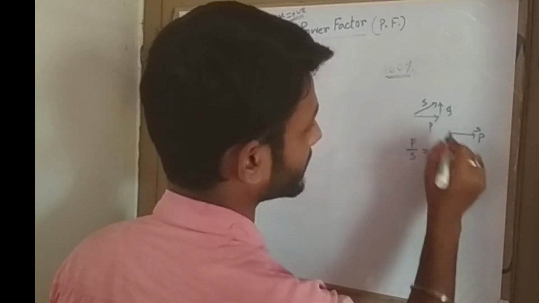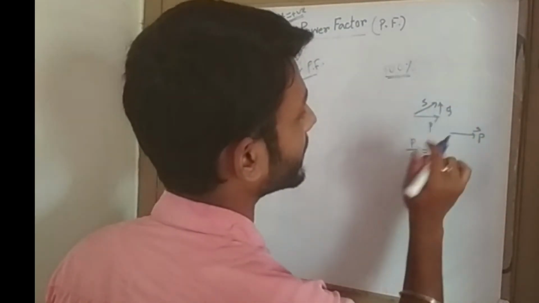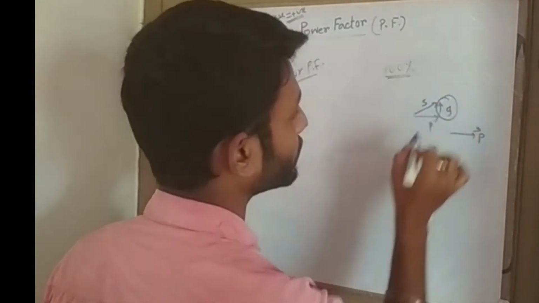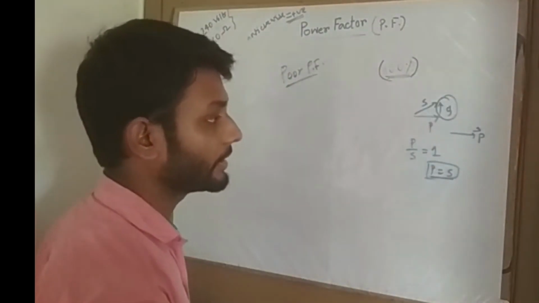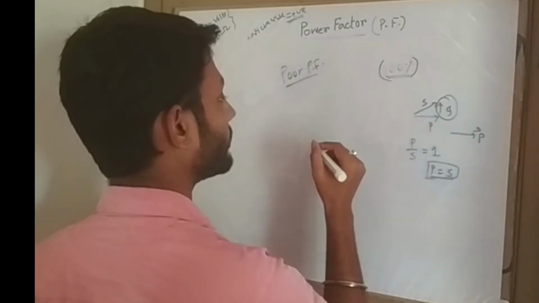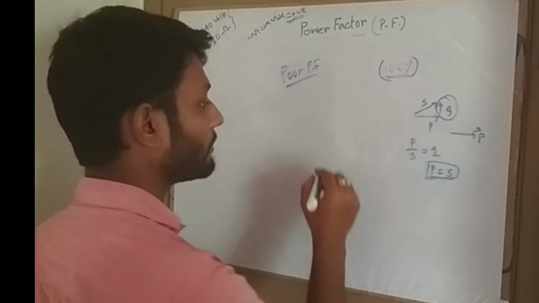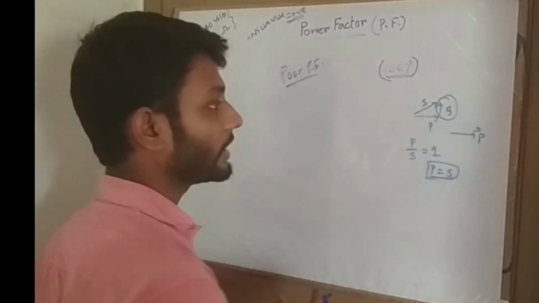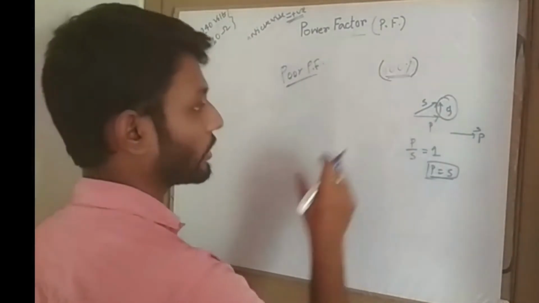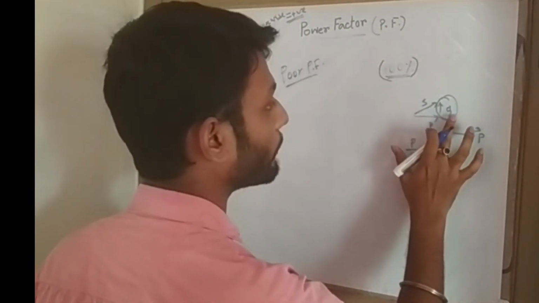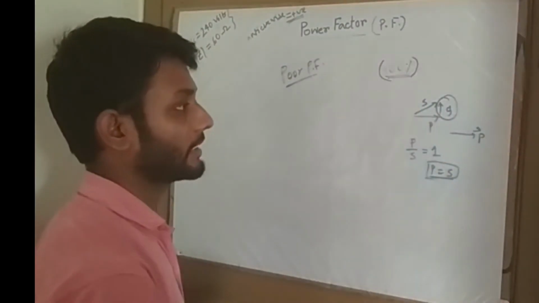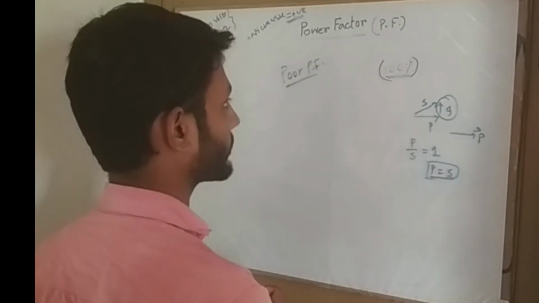That is also S. That means the Q part is neglected. We have to neglect this Q part, then only it is possible to achieve the power factor as 100%. But for any type of load, there must be either a magnetic circuit or an electric circuit such as a coil. For that, Q will exist, Q must exist.